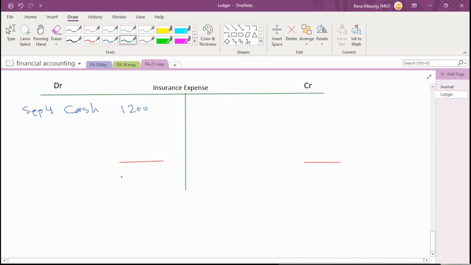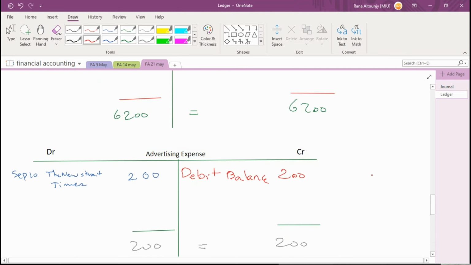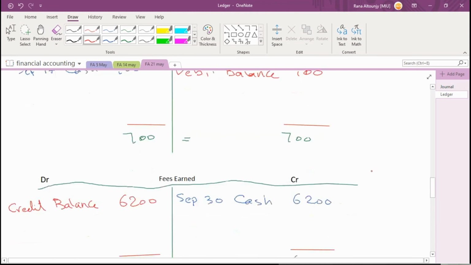The sum here is 1,200. We need to put the same here. Then it's 1,200, which is a debit balance. So like this, for each account we check whether it's a debit balance or credit balance.